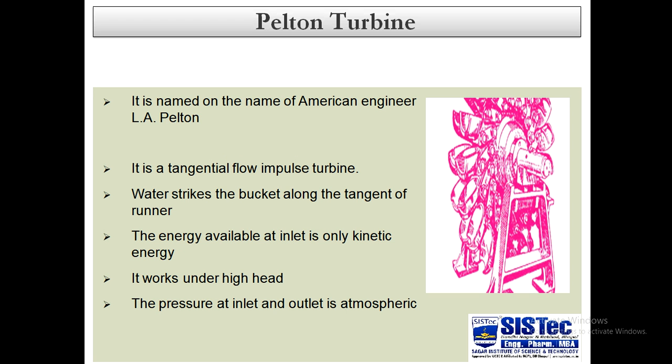It is a turbine which works under high head, hence it can be used for lower discharge. I will also explain the meaning of lower discharge. The pressure at the inlet is atmospheric and the pressure at the outlet is also atmospheric.